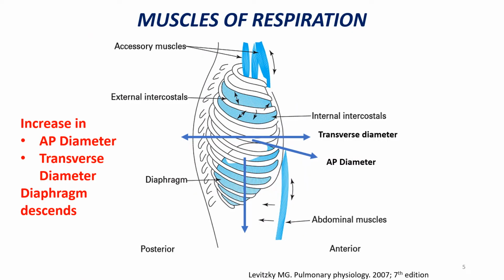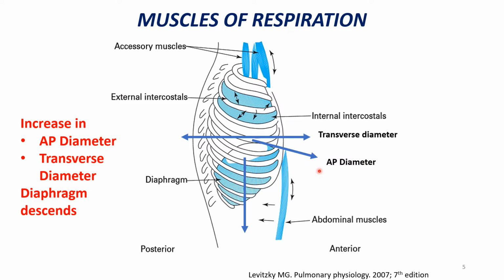So when we talk about the muscles of respiration, let's see what they do during inspiration and expiration. The basic function of all these muscles is increasing different rib cage diameters so that we can have more volume in the lungs. So if we talk about the mechanism, we should know which muscle basically increases the anterior posterior diameter, increases the transverse diameter, and makes the diaphragm descend.